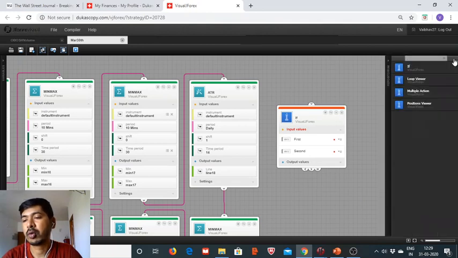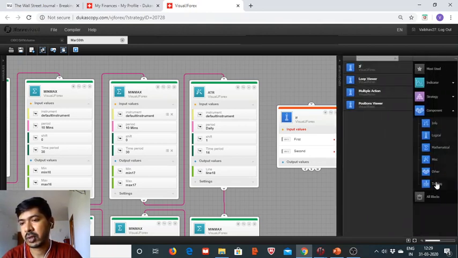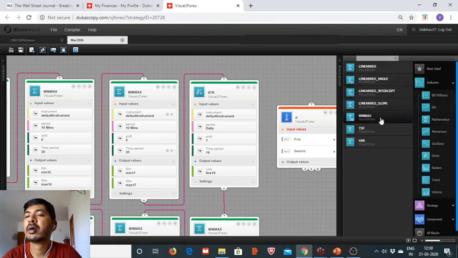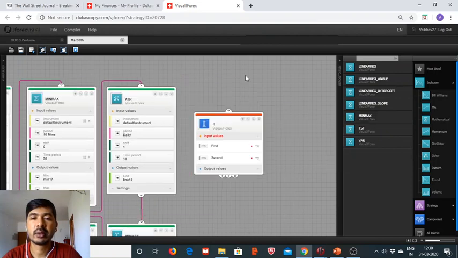So we now need to bring in further indicators, and it is min-max.